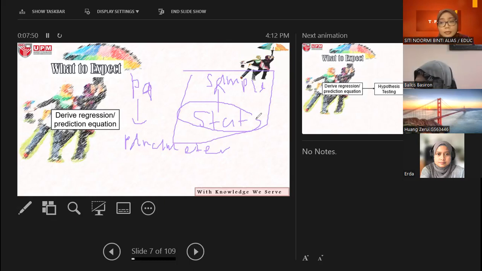So if you do not use random sampling, by principle you cannot use the statistic. But there are scholars who say you are still able to use statistic with some limitation, in which you need to highlight that the finding is only applicable to the sample, not to the population.